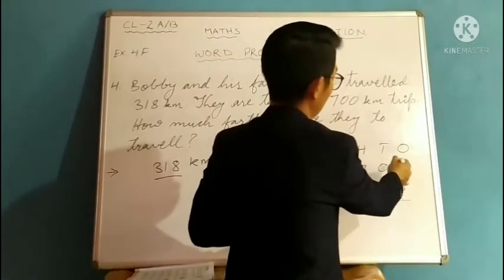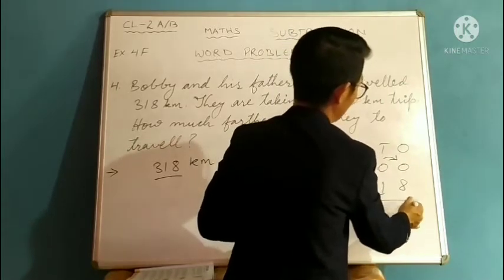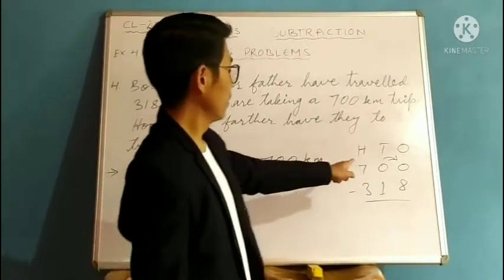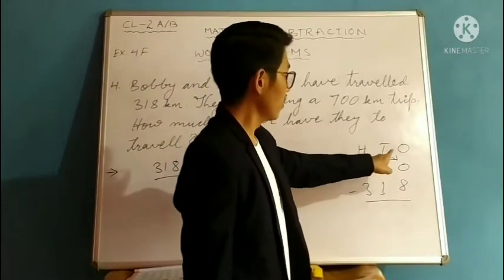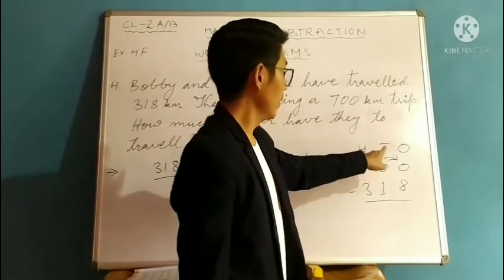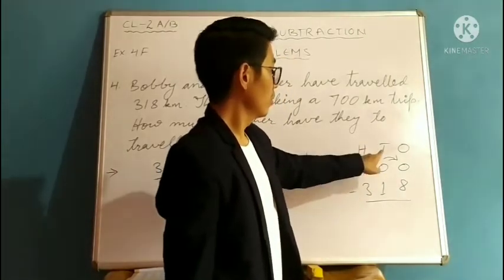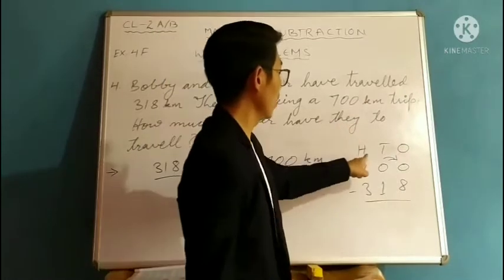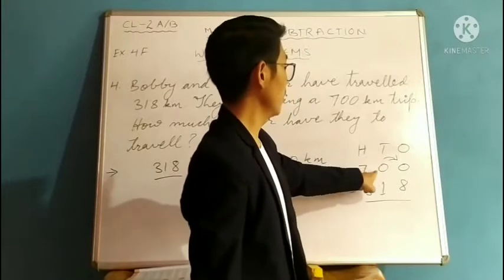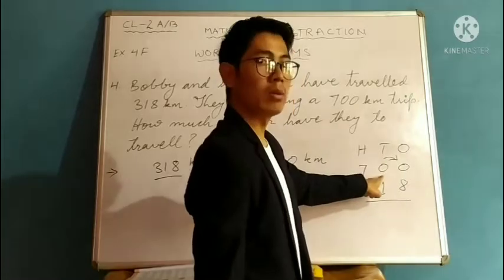0 minus 8 is not possible. Borrow a number. Now here there is a twist. For the ones place you need to borrow a number from the tens place. But in the tens place you can see there is 0. So you need to borrow from the hundreds place first, because you cannot borrow a number from 0, right?